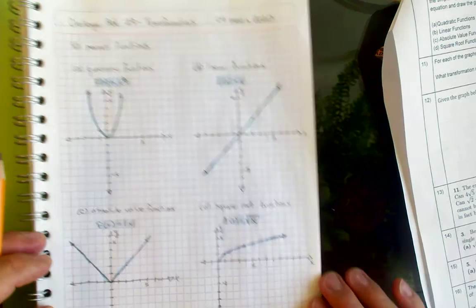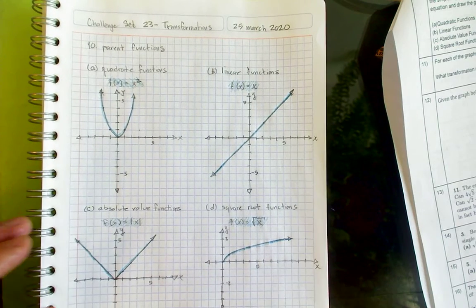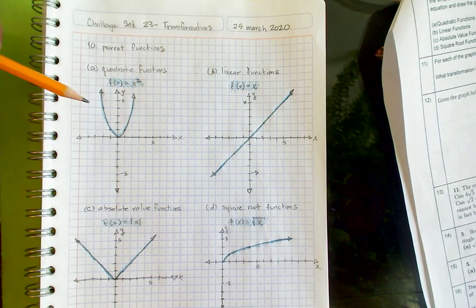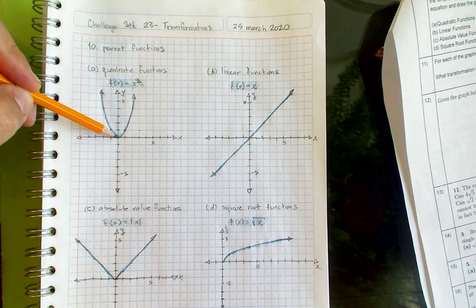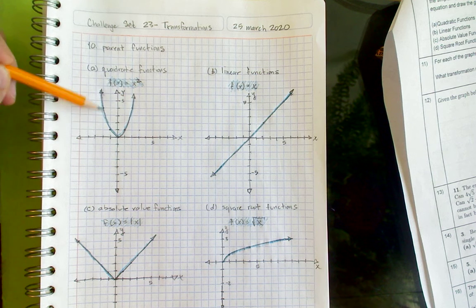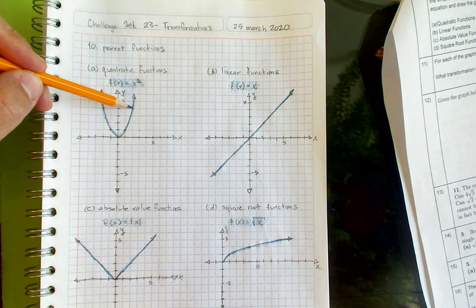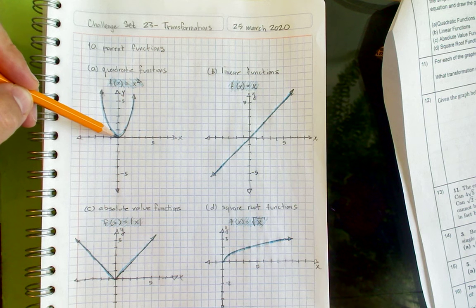So let's take this quadratic function as an example. I could do this transformation with each of these 5 points: 1, 2, 3, 4, 5. I'm going to start here with the vertex. I'm going to first stretch it vertically by a factor of 2.